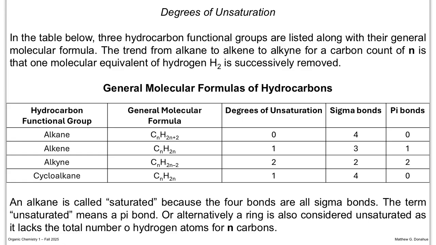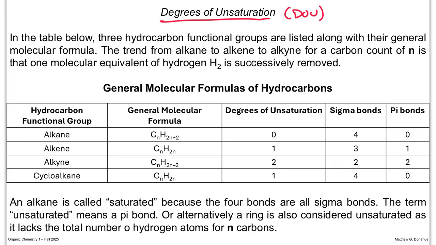So let's look at these classes of hydrocarbons in relation to their molecular formulas, and then this thing called degrees of unsaturation. Your book may call this something else, index of hydrogen deficiency or something like that.